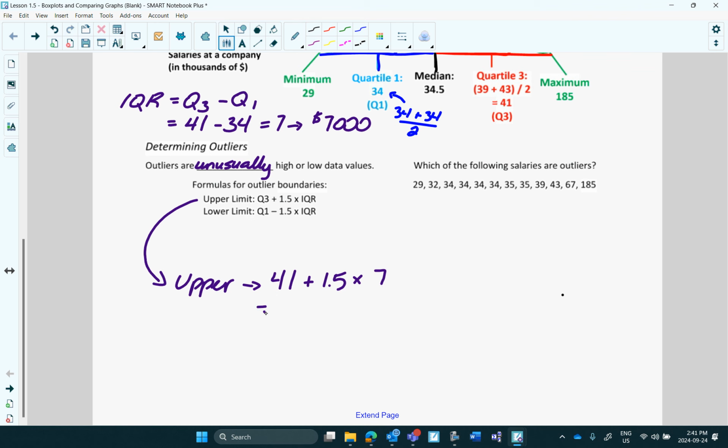That gives us 41 plus 10.5, which gives us 51.5. If there's a value that's higher than 51.5, it's an outlier.